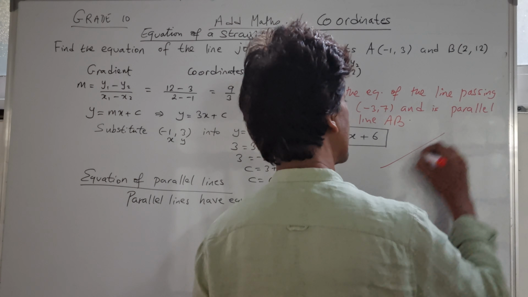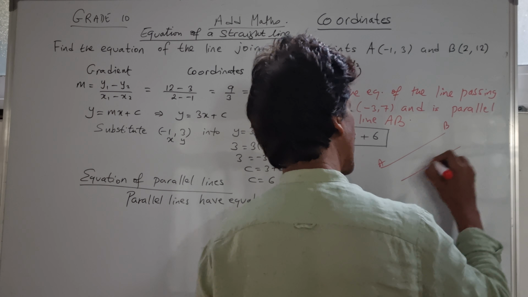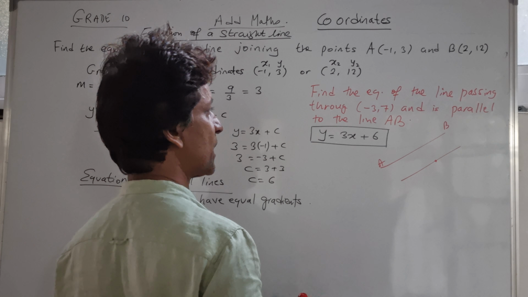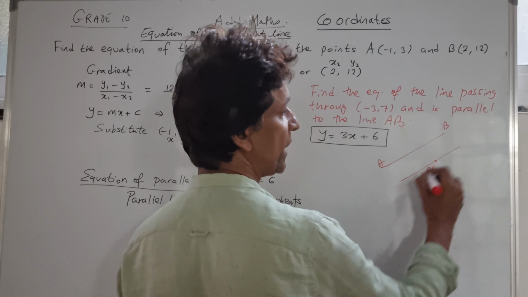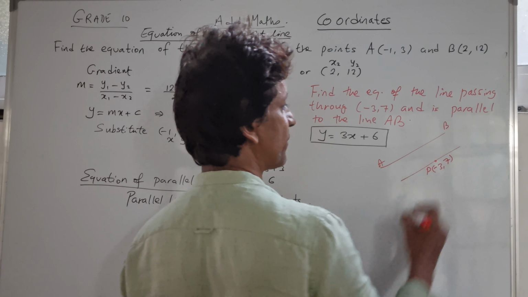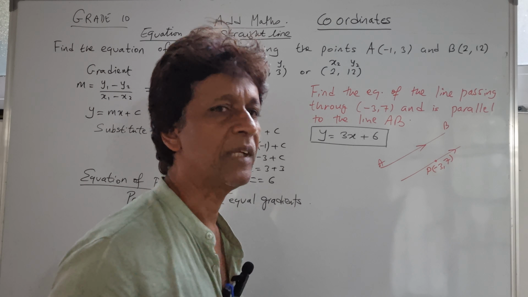So let's suppose this is the line AB, and there's another line parallel to it passing through a point, and the point has been given as minus 3, 7. Let me call the point P, minus 3, 7. We need to find the equation of this line, which is parallel to the line AB.